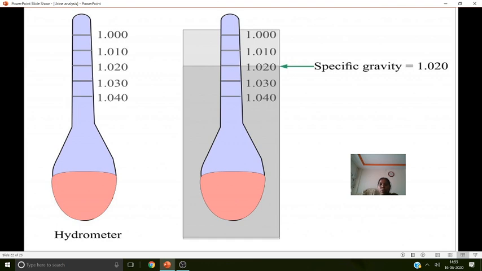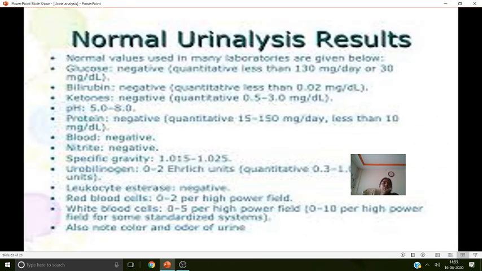You have to know the normal. So let us see the normal urinalysis results. It is very important to know the normal values of urine, so that if you know the normal, you can identify high or low. Normal values used in many laboratories: glucose is negative, less than 130 milligram per day or 30 milligram per deciliter.